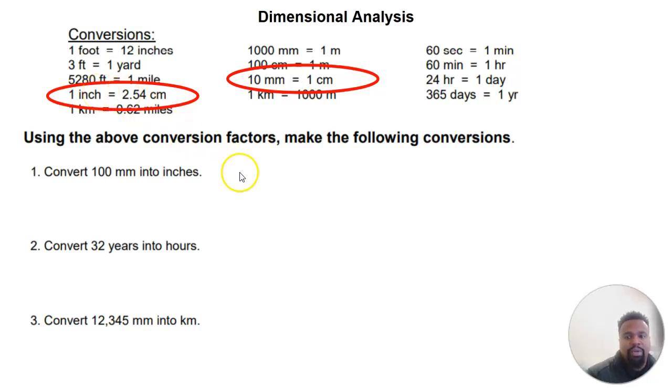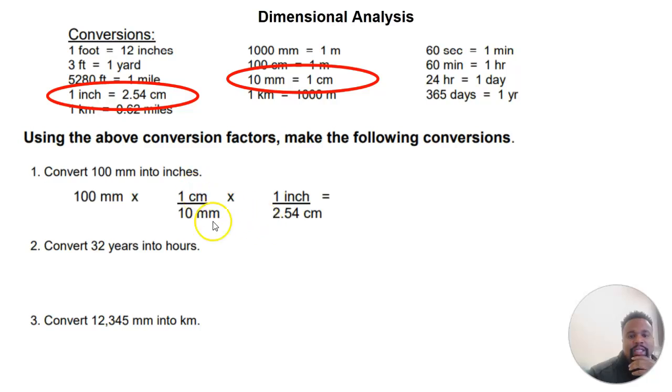Okay, and so we just multiply our conversion factors. We'll set it up as a proportion. So 100 millimeters times 1 centimeter is equivalent to 10 millimeters. Make sure that you're multiplying the numerator of a unit by the denominator of the same unit. What that does is cancel the unit out. So notice numerator, denominator, numerator, denominator.